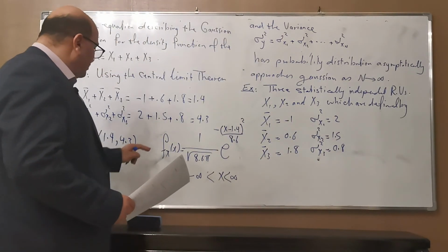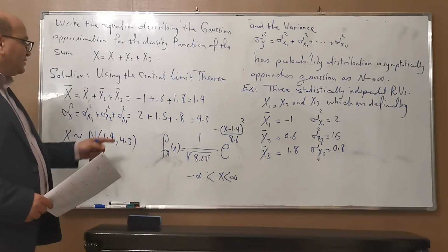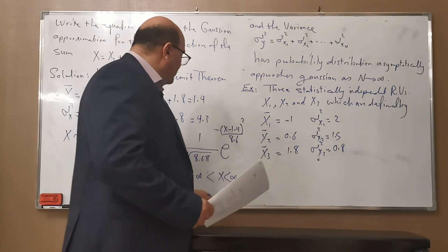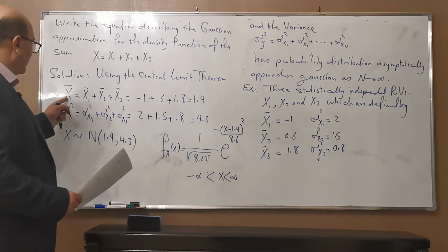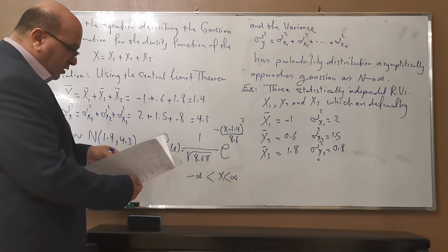So this is the density function of the summation of those three random variables, given those means and those variances, and the new random variable is the addition of those three random variables.